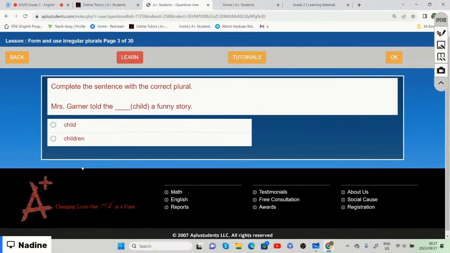So child. If we change that word child into a plural form, does it say the word child or does it change to plural? Child or plural for children. So we can say it's either one child or more than one.